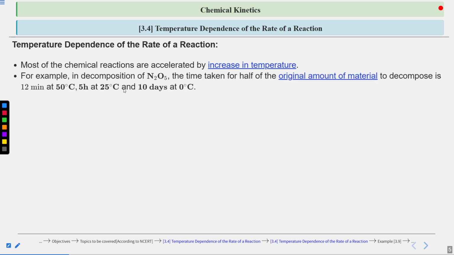For example, in the decomposition of the N2O5 molecule, the time taken for half of the original amount of material to decompose is 12 minutes at 50 degrees Celsius, 5 hours at 25 degrees Celsius, and 10 days at 0 degrees Celsius. We are trying to show you how an increase or decrease of temperature can affect the rate of a reaction.